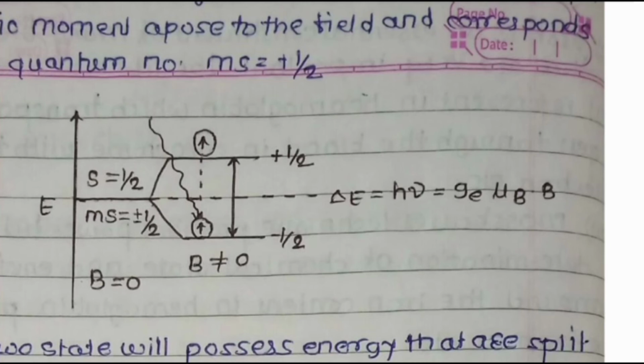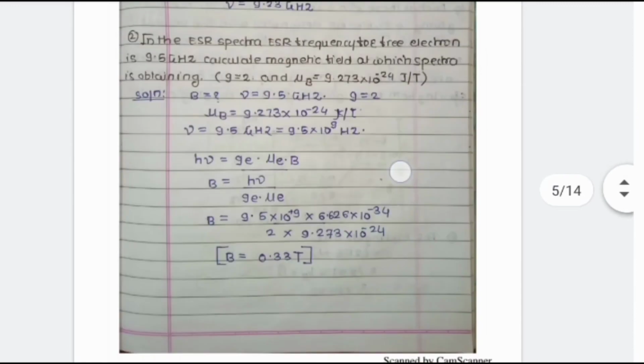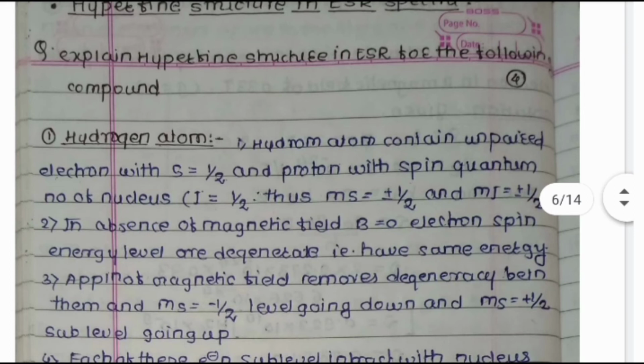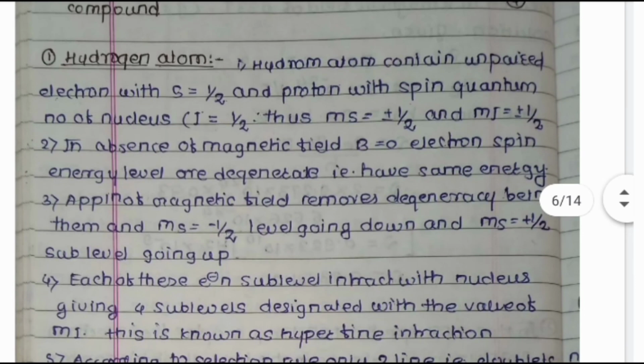The free electrons will also interact with the nuclei, so we'll see this in the hyperfine splitting. Hyperfine structure for hydrogen: the question is like, explain hyperfine structure in the ESR spectrum of the hydrogen atom. For the hydrogen atom the number of unpaired electrons is 1, and the spin for one electron is 1 by 2.